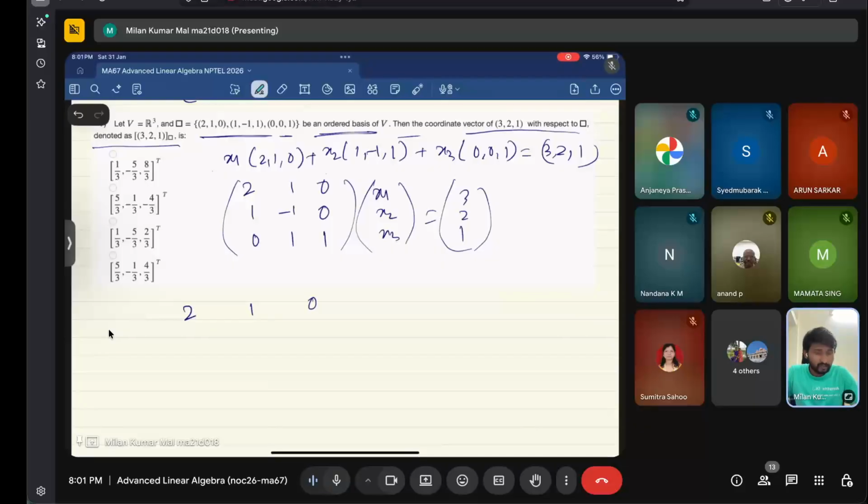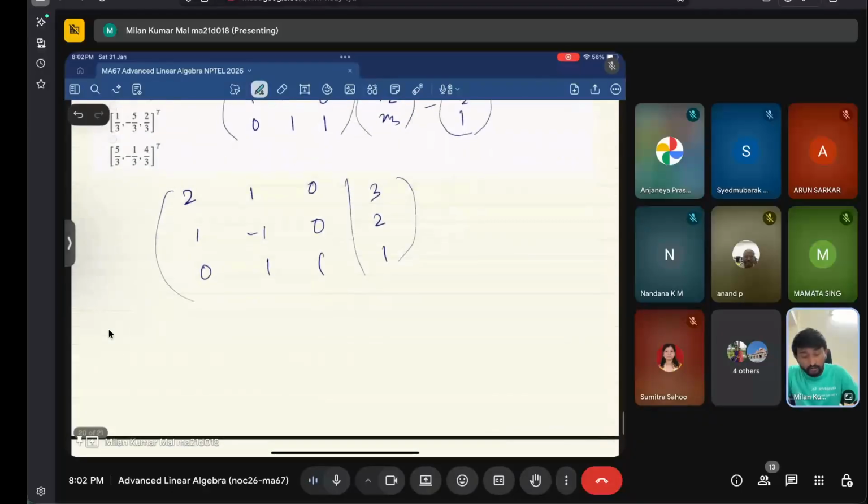You can do it in many ways, but I want to just do the standard method, which is the row reduction process. This is the matrix, so in the first row reduction step, you have to take the augmented matrix.